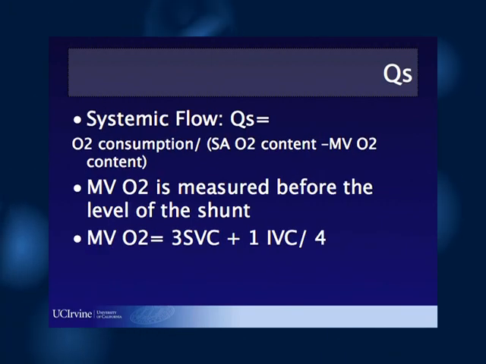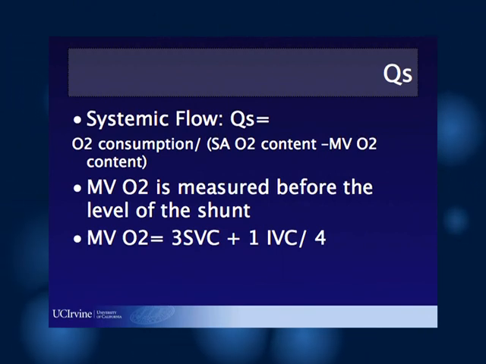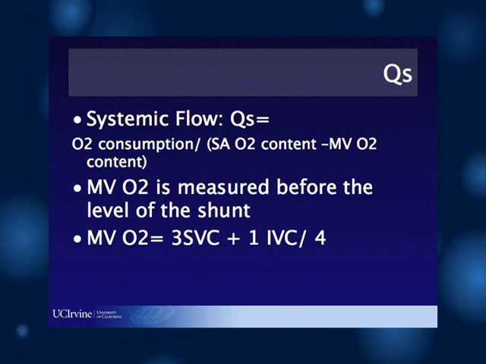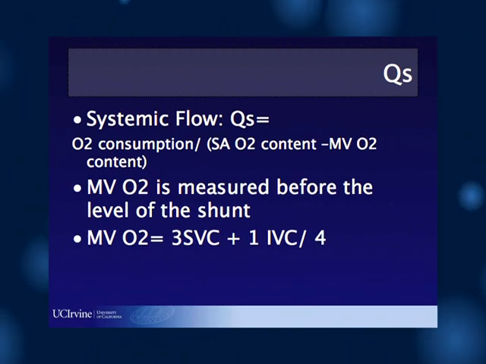For systemic blood flow, QS is calculated as oxygen consumption divided by systemic arterial oxygen content minus mixed venous oxygen content. Mixed venous oxygen content is measured before the level of the shunt, that is, at the chamber below the shunt.